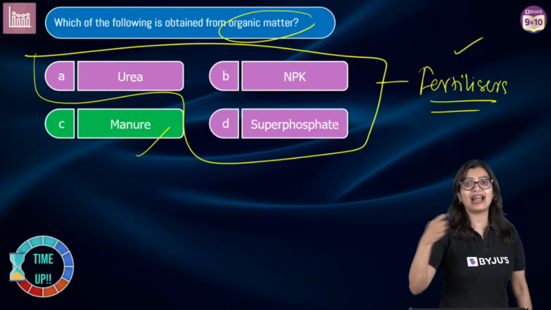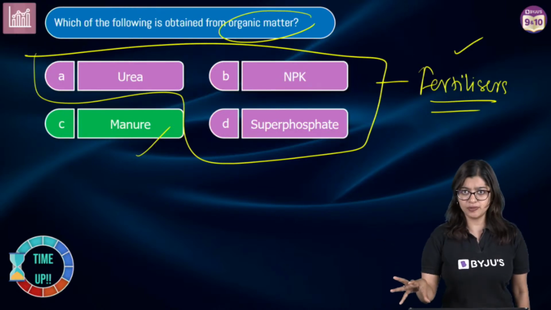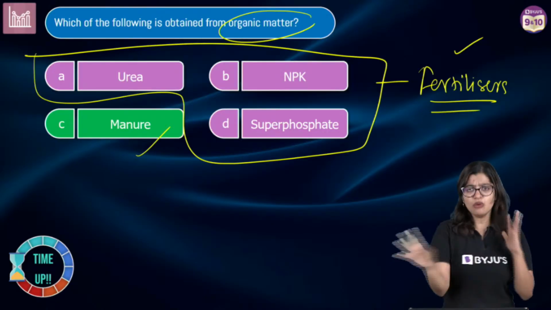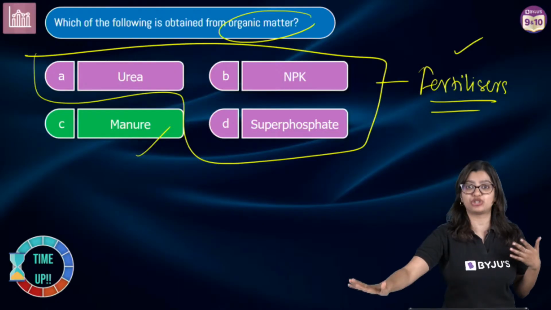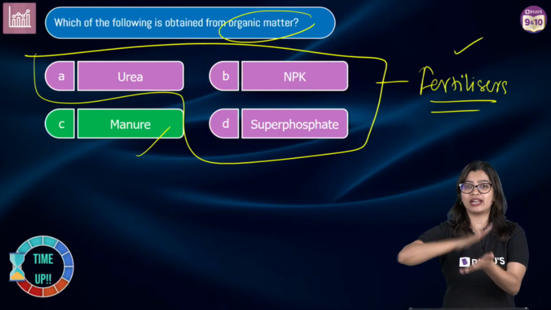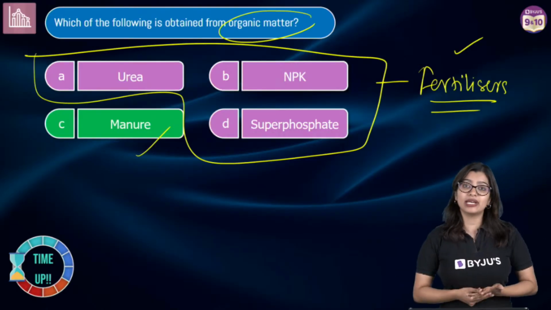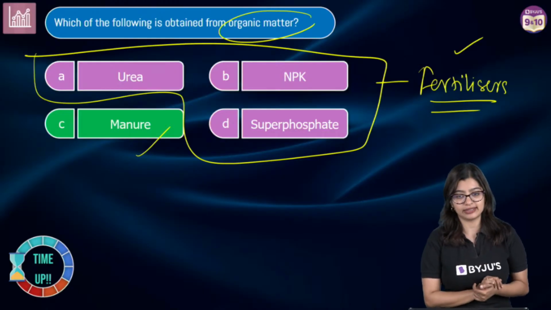So rather than adding manure or fertilizer, I can grow some crops like sun hemp and it will grow fast. Once it grows, I'll mix those plants with my soil and I'll mulch it and make a slurry, a watery preparation, and I'll mix it thoroughly. And then I will grow. Why am I doing this? Because it has naturally enriched my soil. So that is what we mean by this.